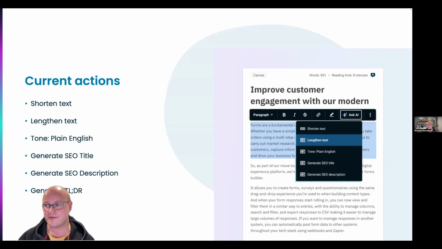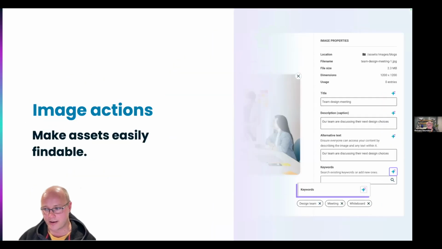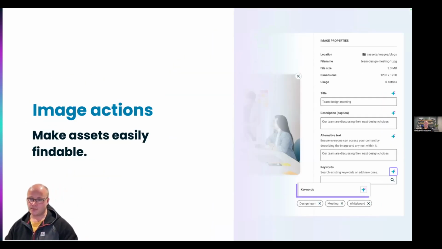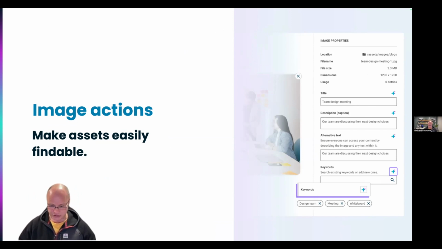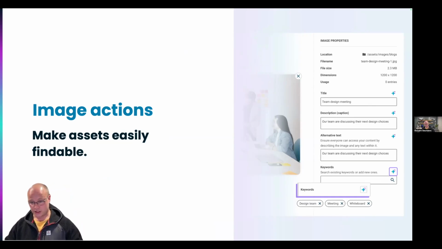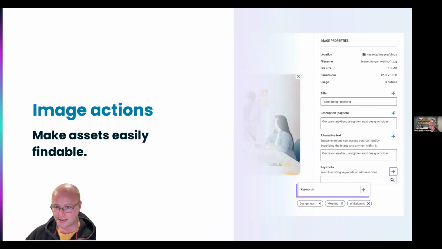Alongside Canvas tooling, we're also introducing AI into image actions. So in the last release, we enhanced the image gallery search, alongside fields just once they were inserted. So when you crop them, you can update metadata on those images and assets more easily.